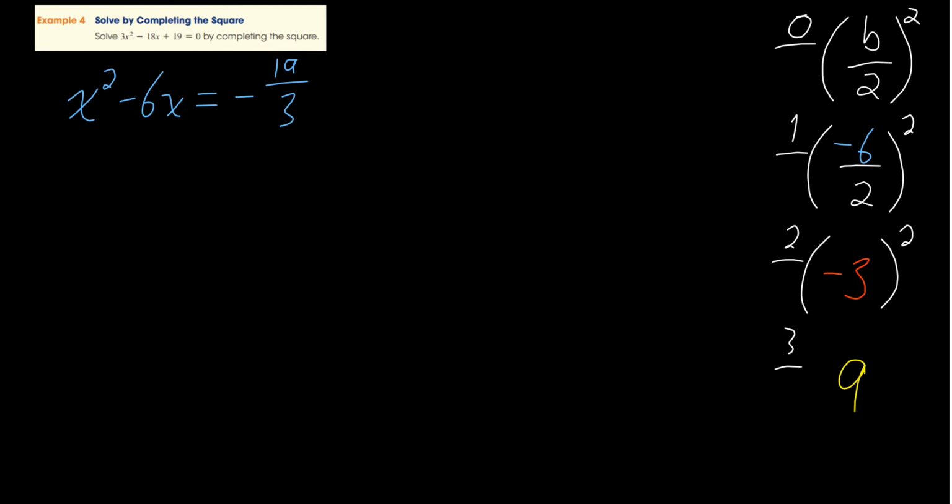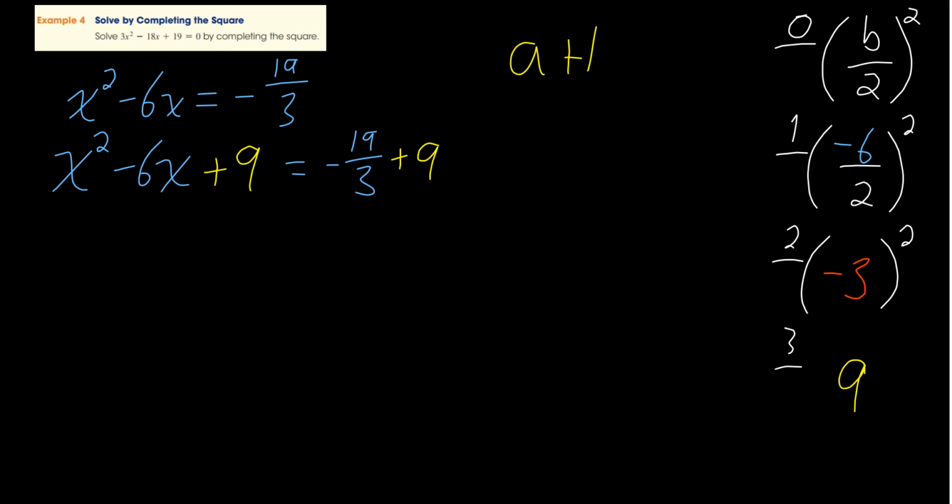I can write x squared minus 6x, and then plus 9, and that's equal to negative 19 over 3 and plus 9. Again, the whole point of doing this is to make the left side a perfect square trinomial. We need to make the left side in the form of some a plus b quantity squared, and that's what we did do.